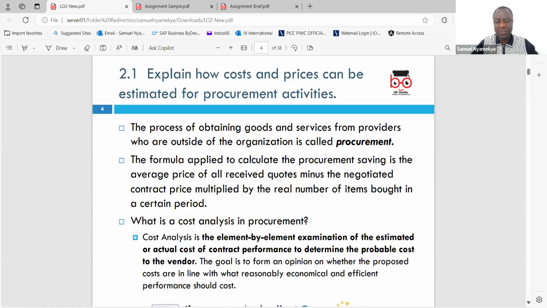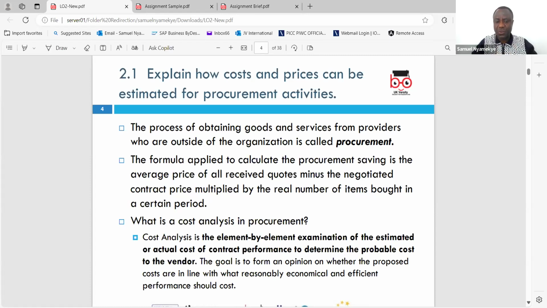So you will come across what we call cost analysis, sitting down to look at the cost. It's an element by element examination. Every element of price, every element of activity that contributes to the price of the item has the potential to add to the price.